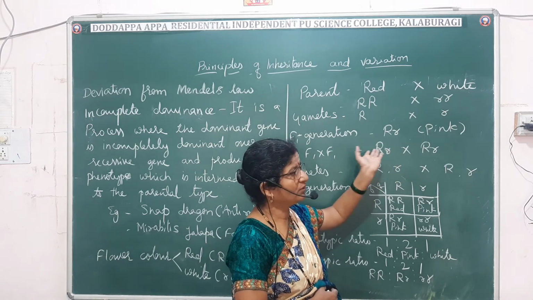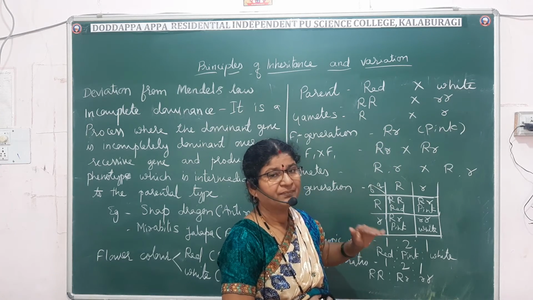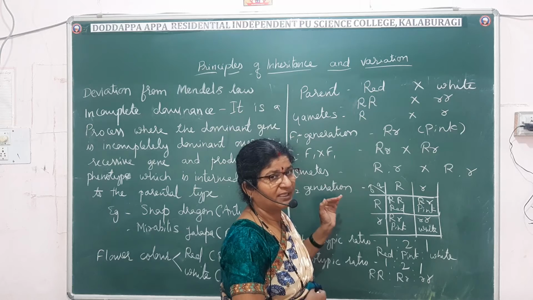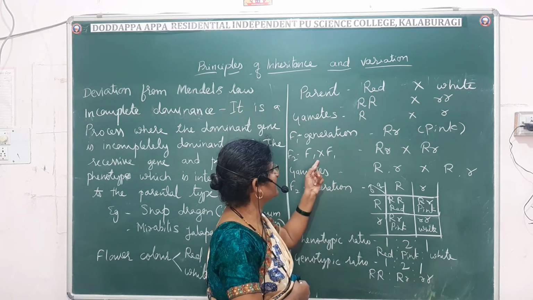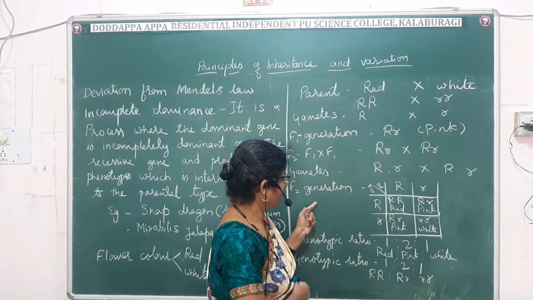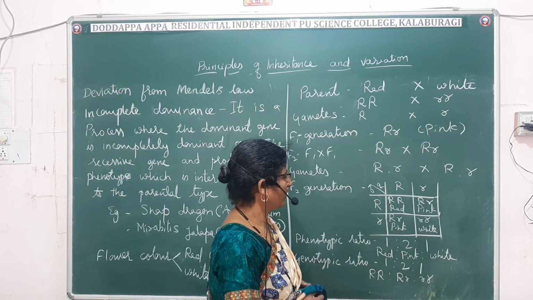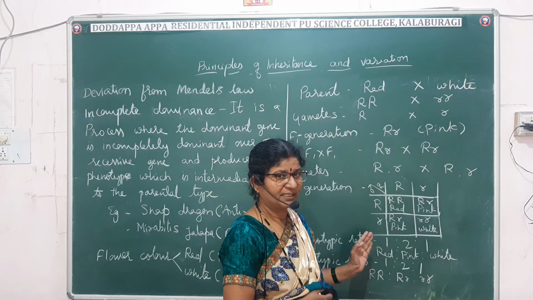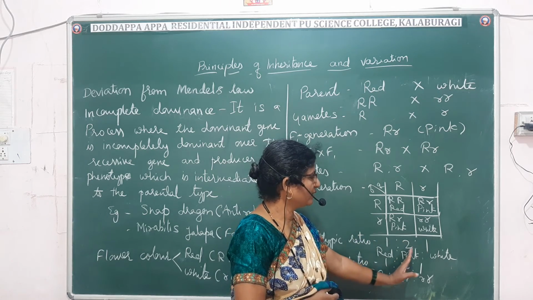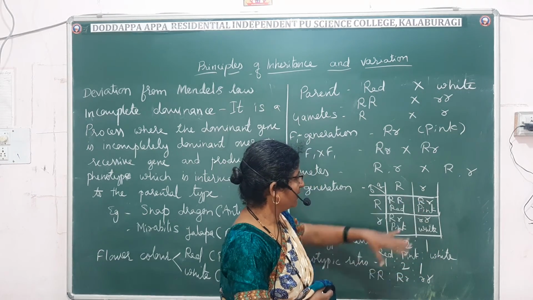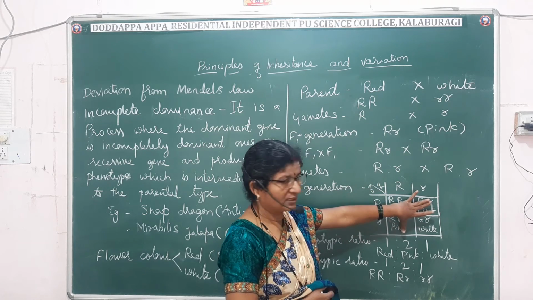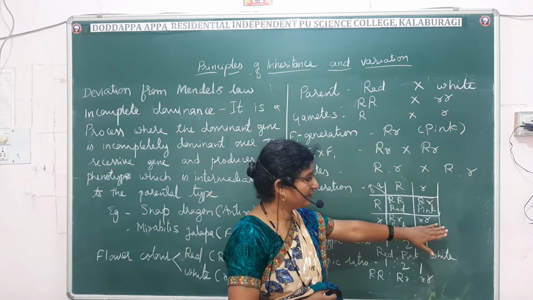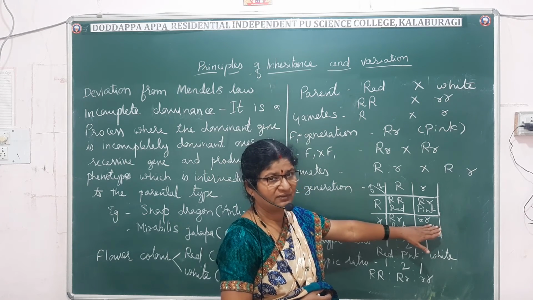When he followed the next step, that is the third step, selfing, self-pollination, when he selfed the F1 individuals among themselves to get the F2 generation, he got the flowers in the ratio of 1:2:1. That is 25% red variety, 50% pink variety and another 25% white variety.